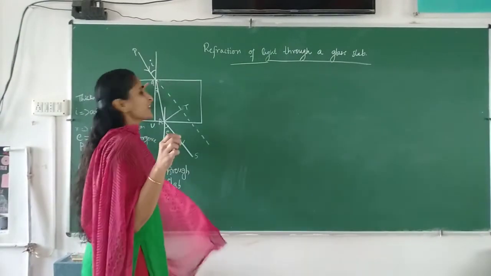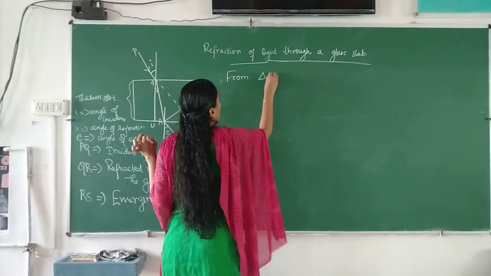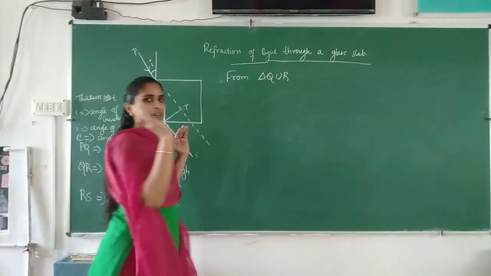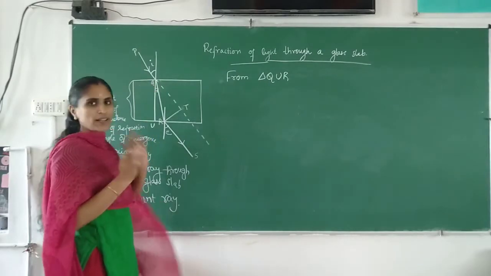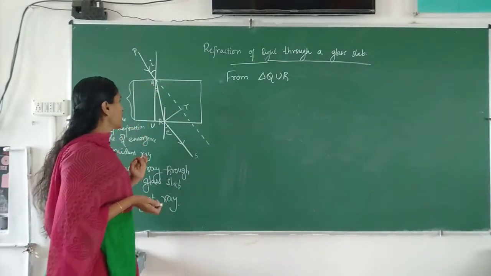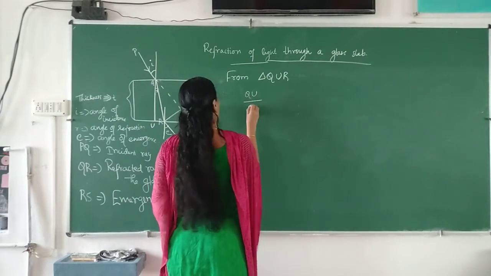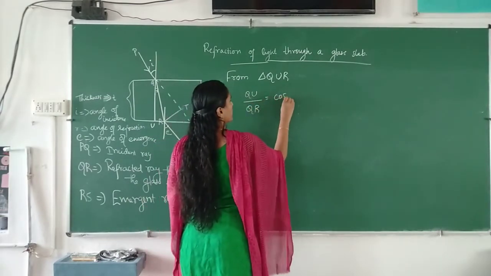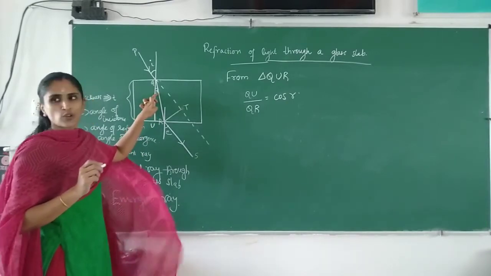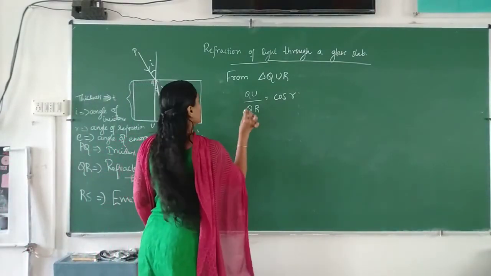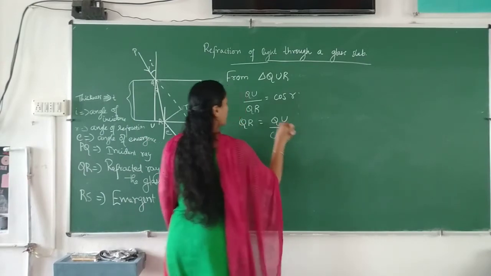Okay. So we can consider the triangle QUR. From triangle QUR, our aim is to find an expression for RT in terms of the known quantity thickness of the glass slab and I and R. So from this triangle QUR, we can write QU by QR is equal to cos R. QU is the adjacent side, QR is the hypotenuse, that is equal to cos R. Or we can write QR is equal to QU by cos R. And what is QU?